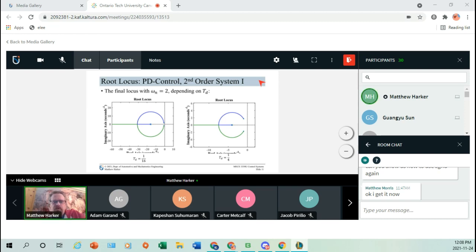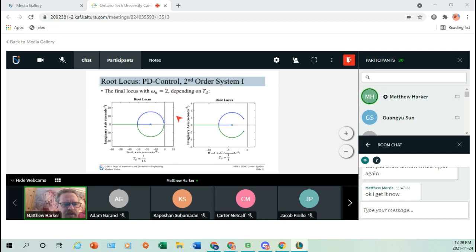Okay, so what we'll now do is look at some of the results of this root locus that we got from MATLAB. Again, we choose omega n equal to 2, just so we have a real fixed system. Then I'm going to change the value of TD, which places the zero of the controller.